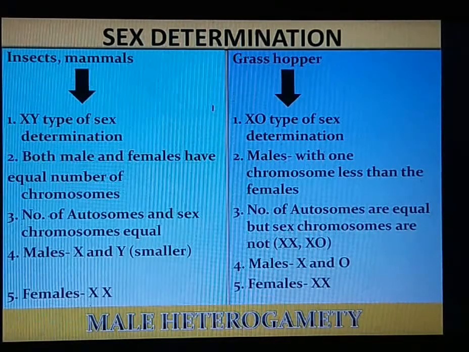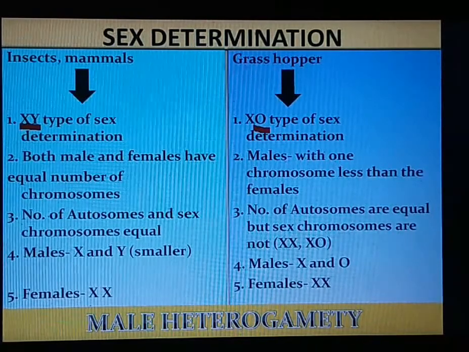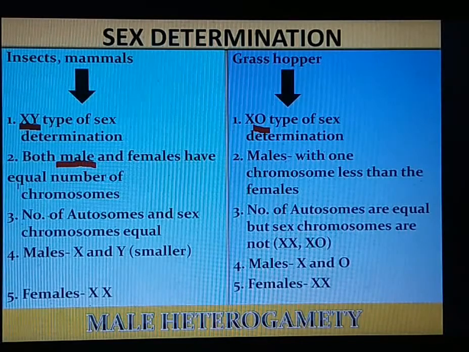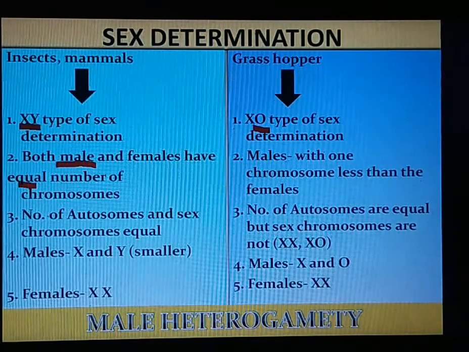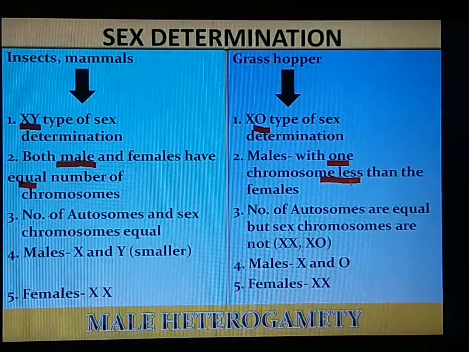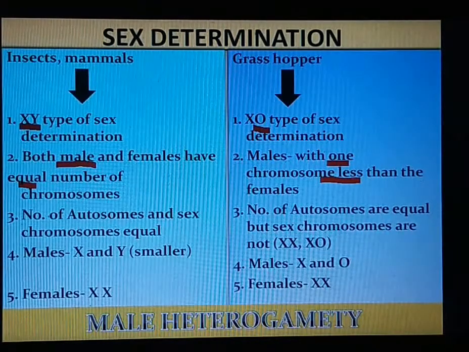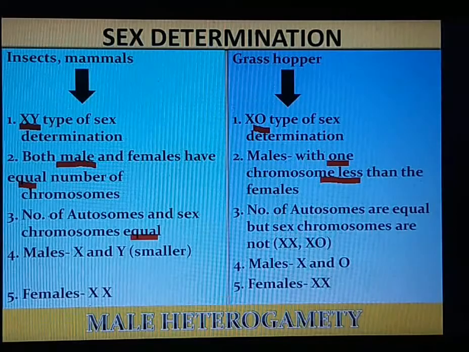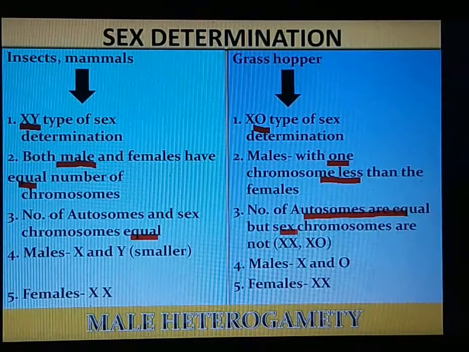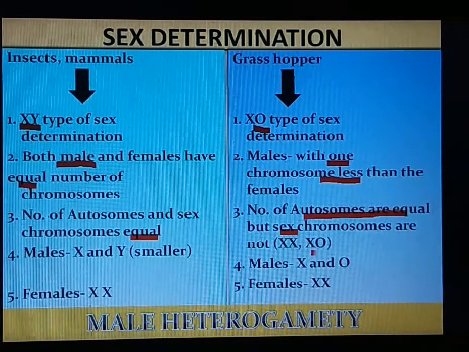We have learned today sex determination, XY type and XO type along with the examples. In XY type, both males and females will have equal number of chromosomes, whereas in XO type, male will have one chromosome less compared to females. The number of autosomes and sex chromosomes are equal in XY type, whereas in XO the number of autosomes are equal but sex chromosomes are not, because in males one chromosome is less.